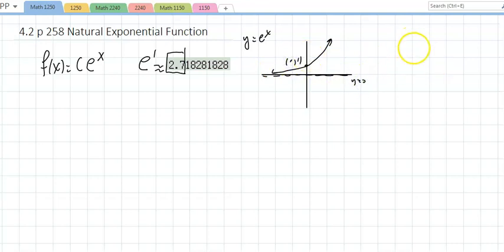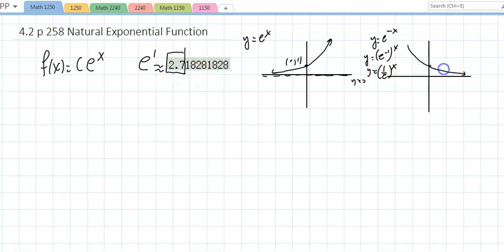And if I look at the graph of y equals e to the negative x, you might say we multiplied the power by a negative, multiplied the x to reflect the graph with respect to the y-axis, or you could say that's e to the negative 1 to the x, that is 1 over e to the x, and 1 over 2.7 is less than 1, that's exponential decay.